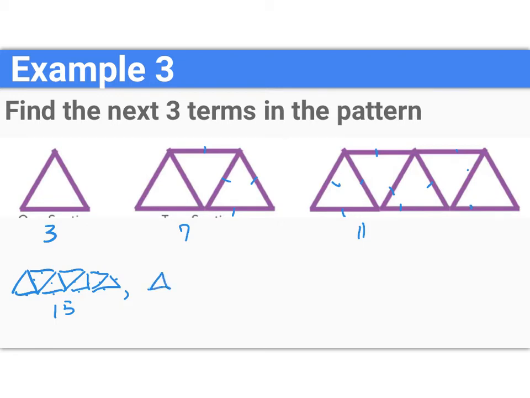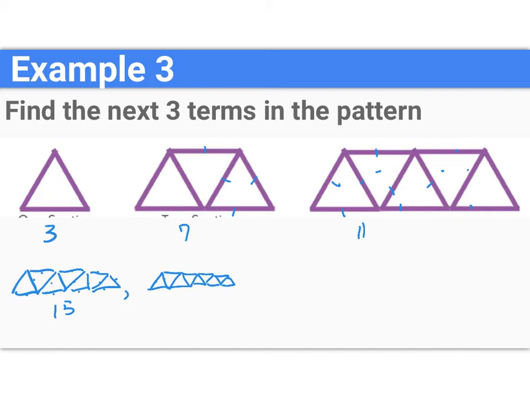So 1, 2, 3, 4. 1, 2, 3, 4, 5, 6, 7. 1, 2, 3, 4, 5. So we're adding 2 other triangles. 1, 2, 3, 4, 5, 6, 7, 8, 9.